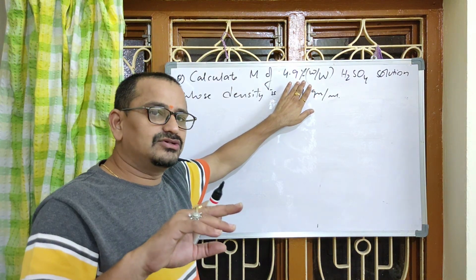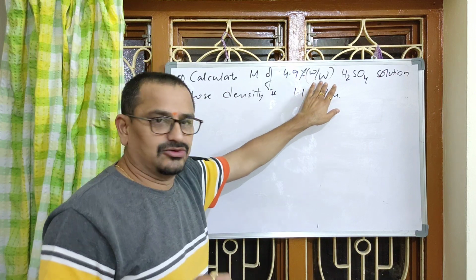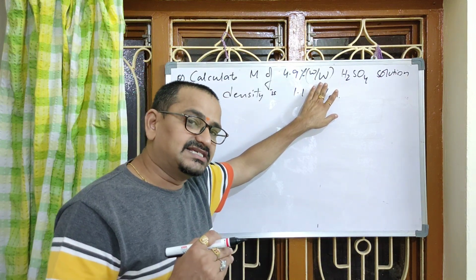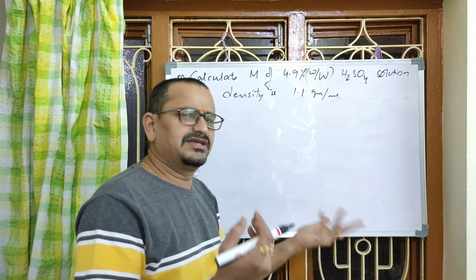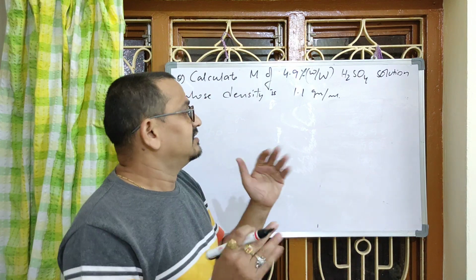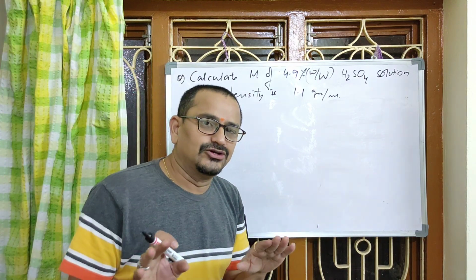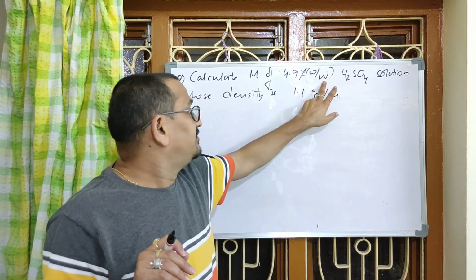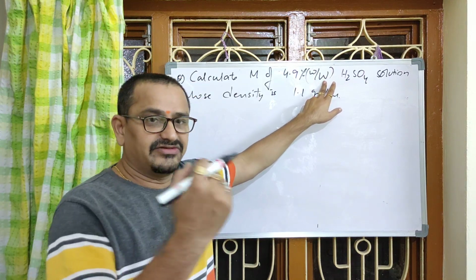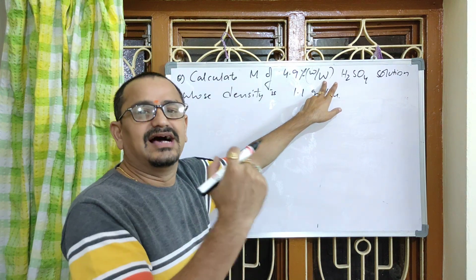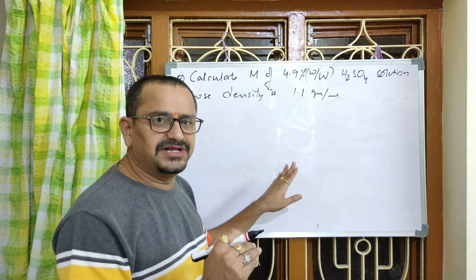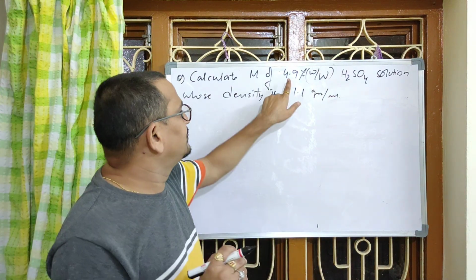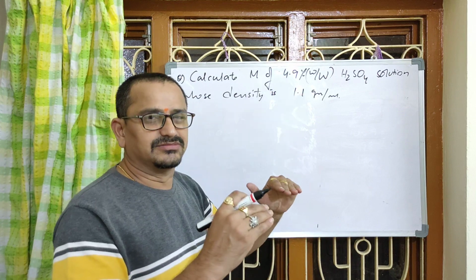Earlier, what was the method we used? Percent by volume. Now this time we are using percent by mass or percent by weight. Both are similar. Once again, I am reminding you, in physics there is a lot of difference between mass and weight, and there we have to deal with the actual definition. But in chemistry, as we are using just the numerical value, we can use either term.